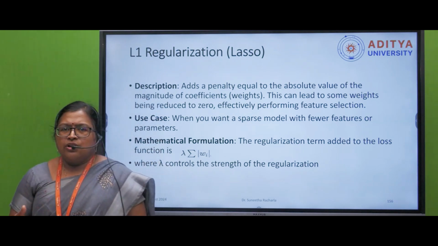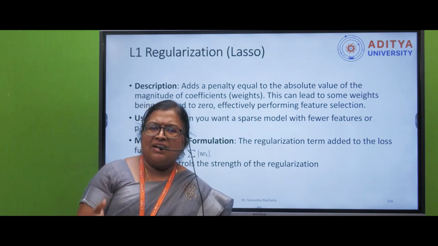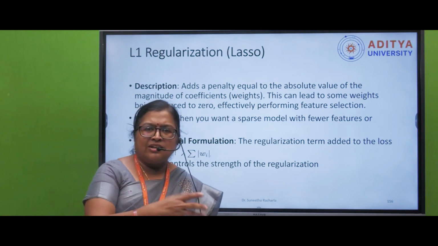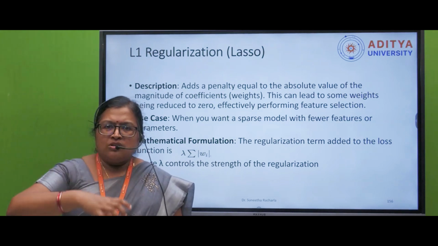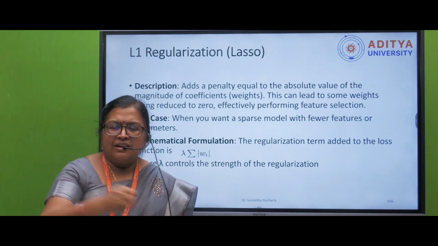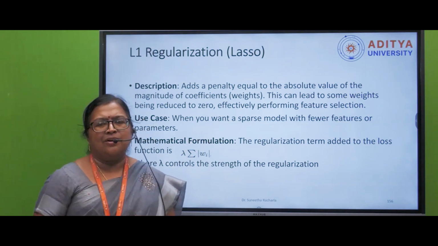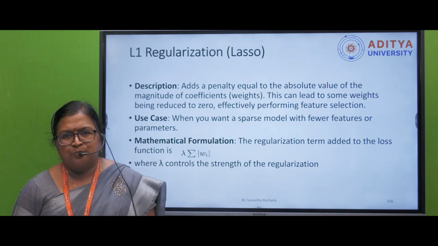You are the team coach, and regularization is the team coach, and it will tell them, if you are not participating, you'll sit on the bench. And if still they don't participate, then remove them permanently and make it a dead node. That is what lasso regularization will do.